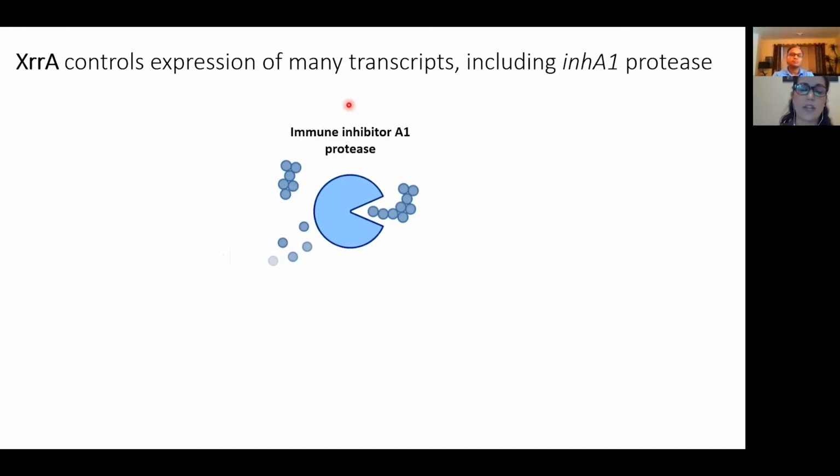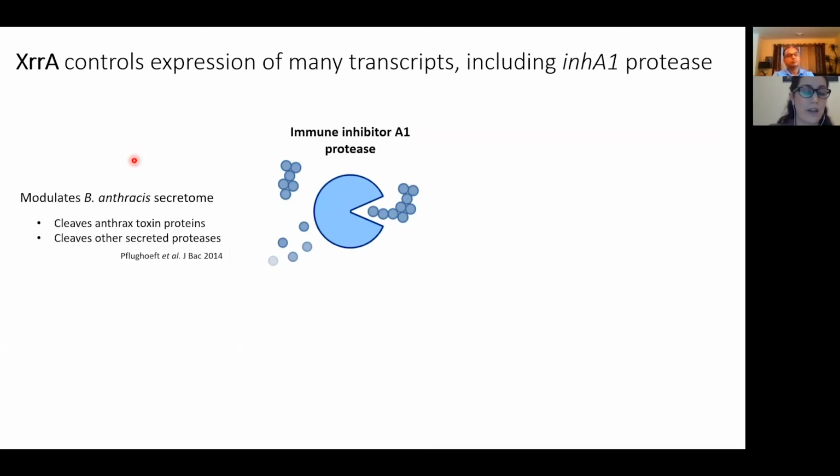Like I mentioned, INHA1 is a secreted protease of Bacillus anthracis that has been extensively studied by our group as well as others. We know from data from our lab that INHA1 modulates the Bacillus anthracis secretome by cleaving the anthrax toxin proteins as well as other secreted proteases, modulating the levels of proteins in the supernatant fraction of the culture.